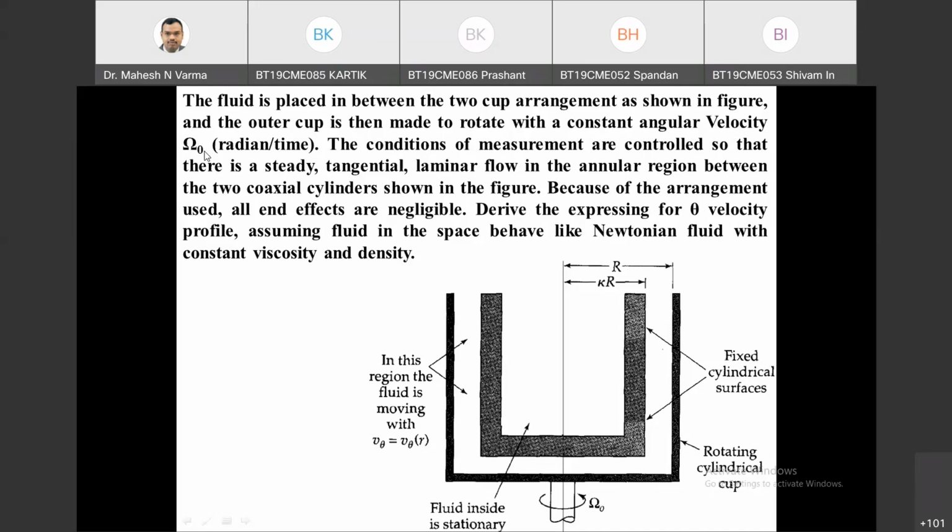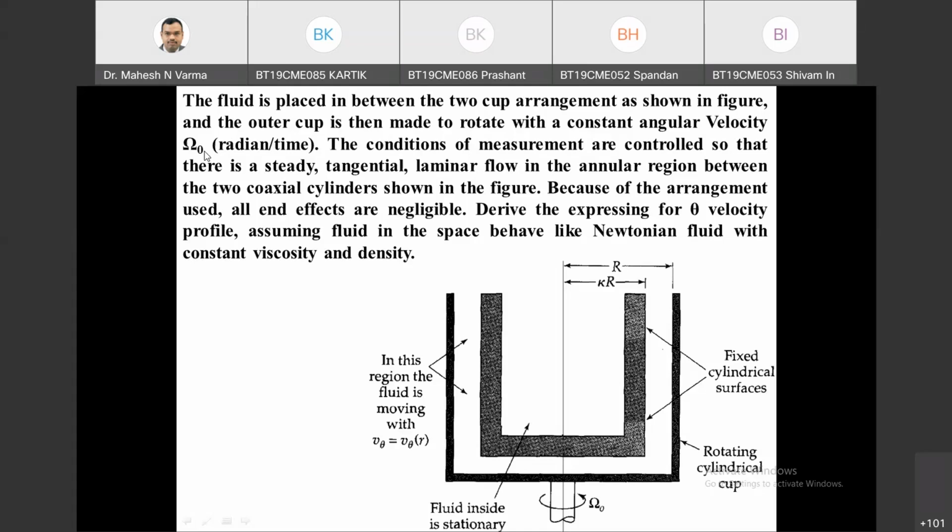R will be the radius of rotation. Wherever you are considering the radius of rotation, accordingly V theta will be calculated. V theta will be equal to omega into R. Okay, linear velocity and angular velocity.